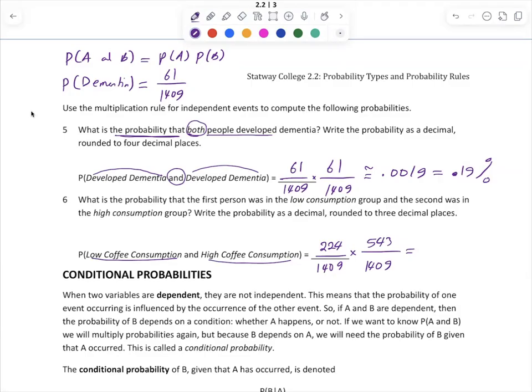It is about 0.061, correct? So now you have about 6.1%. The probability that you randomly select 2 people and the first person is from low coffee consumption group and the second person is from high coffee consumption group is 6.1%.